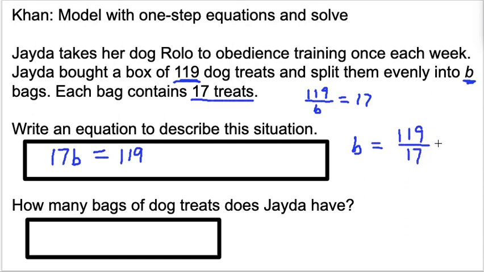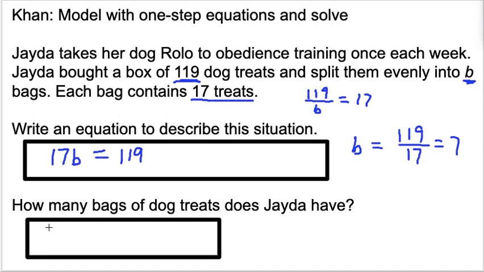If you need to, take some time to work this out, but that ends up being 7. One key thing is, if it ends with a 9, what do we multiply 7 by to get to 9? It would be 7. We know 7 times 7 ends with 49. So if you're struggling to figure those out, think of what it ends with. But in this case, B is 7. So that's what we would put down here.